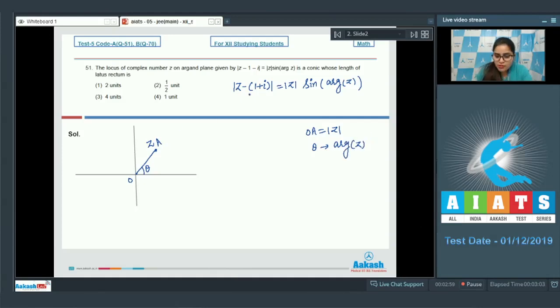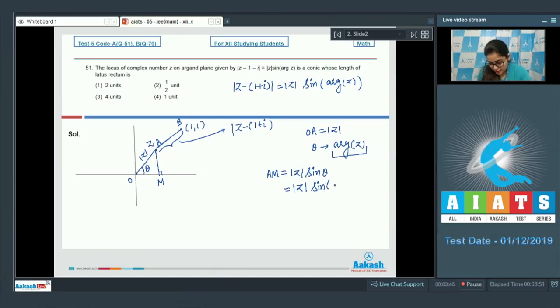And suppose the point (1, 1) lies somewhere here. So z − (1 + i), suppose this is point B. This length is represented by |z − 1 − i|, and this length is the modulus of z. So this perpendicular AM is equal to |z| sin theta, which you can write as |z| sin(arg z).